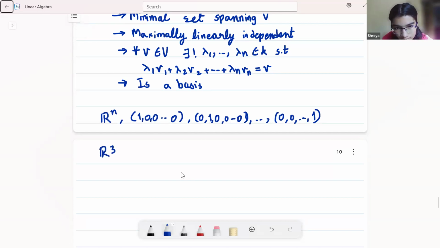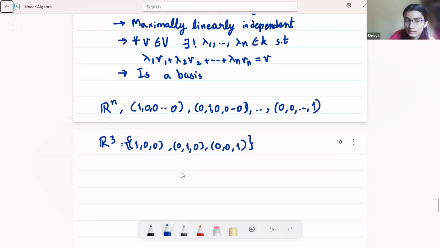Like for R cubed, it is (1, 0, 0), (0, 1, 0), (0, 0, 1). This is the standard basis.